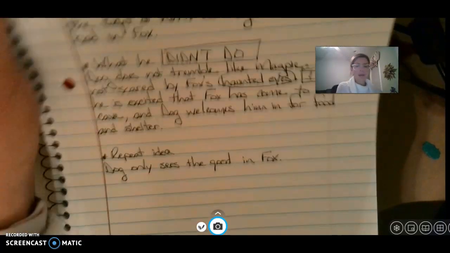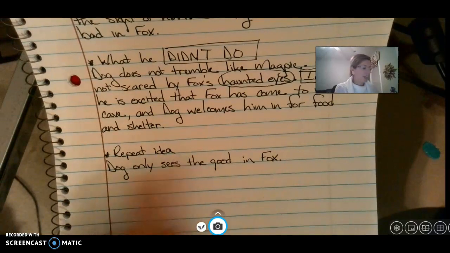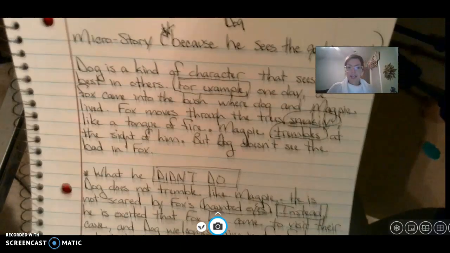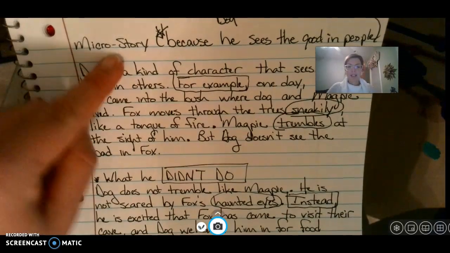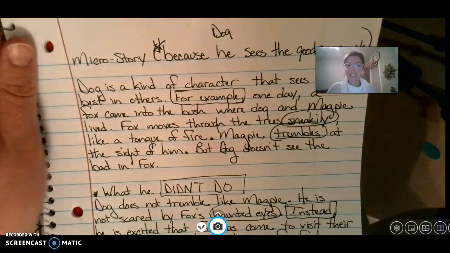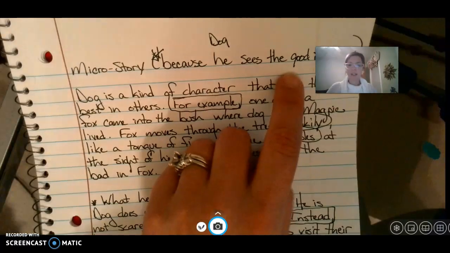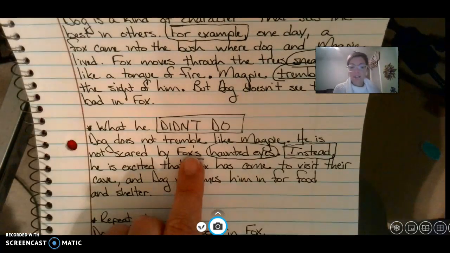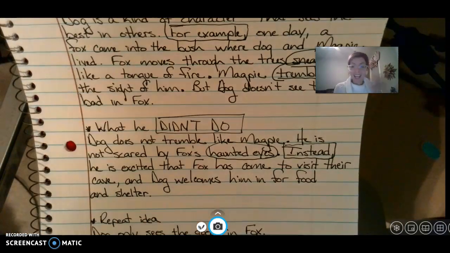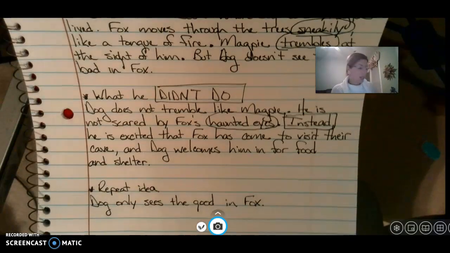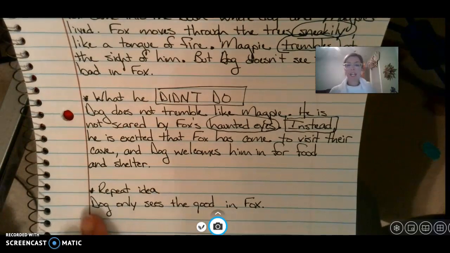I'm going to go back to my idea. Dog only sees the good in Fox. So what I did here was thought of a mini story, thought of an example or examples from the text that support my thinking about Dog seeing the good in people. I also thought about what Dog didn't do, and that also shows how he actually acted to support my point. And then I'm just going to repeat my idea again.